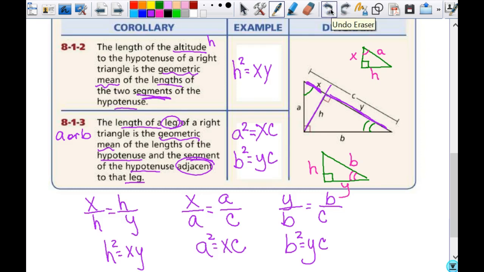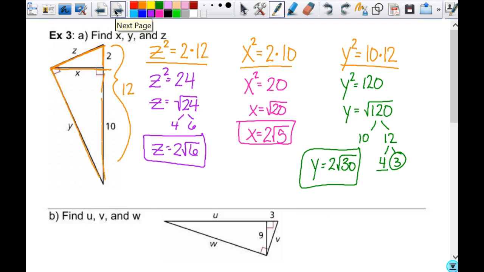So that's what we did here to set these up. Z squared is equal to the piece that's attached to it times the whole thing. I've had a couple people today who don't understand why you use the 2, or why you use the 10 over here. So just to make sure we're all on the same page, this leg touches the 2. This is the hypotenuse. It gets cut into 2 pieces.